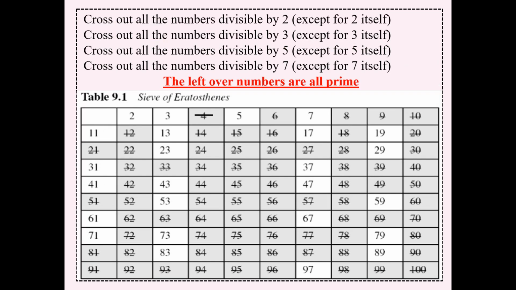What he proposed is the same process: cross out all the numbers which are divisible by 2, except 2 itself. So you can see 4, 6, 8, 10, 12, 14 and so on have been crossed out. In the same way, cross out any numbers divisible by 3, by 5 and by 7.